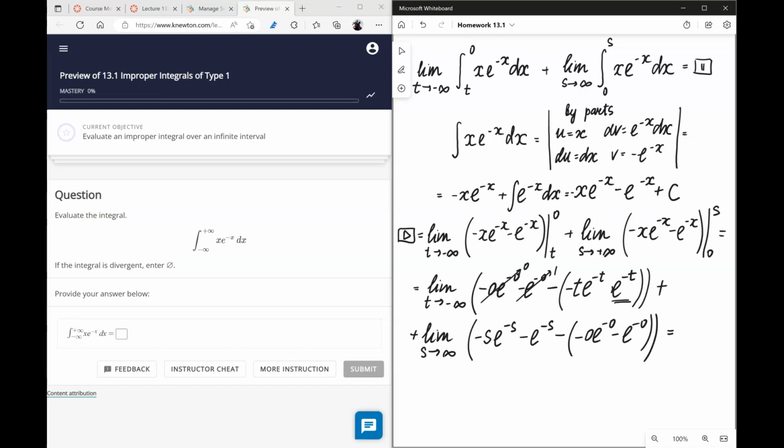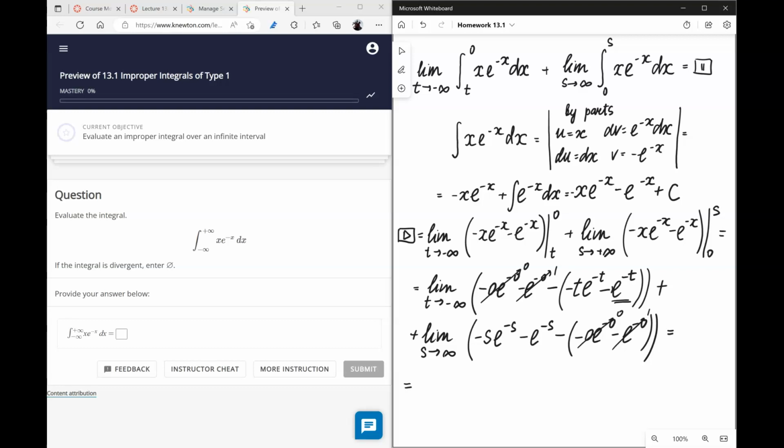I think we can benefit here from simplifying it a bit. So let's turn this into 0, turn this into 1. So we have negative 1 plus, I guess we should just take the constants out here.